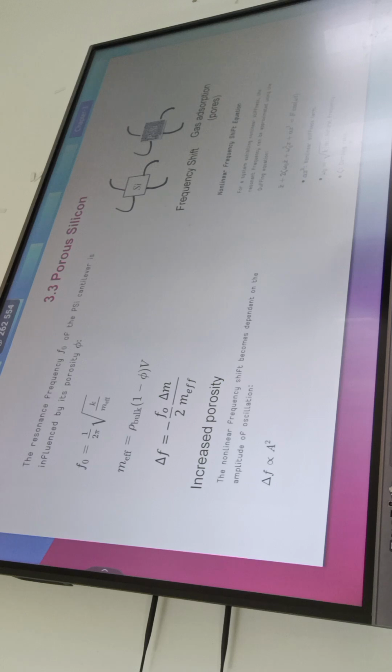From this formula we can say increase in porosity reduces the mass. So whenever we are getting a change in frequency, it means if the porosity is increasing, mass is decreasing, that means the frequency is increasing.